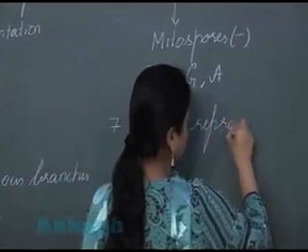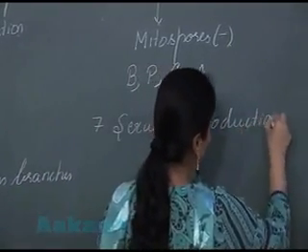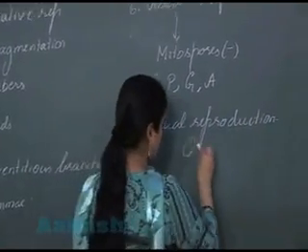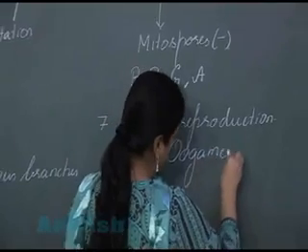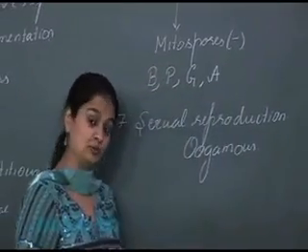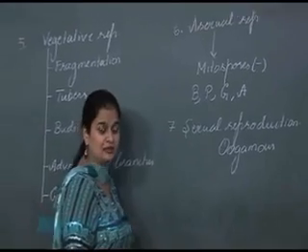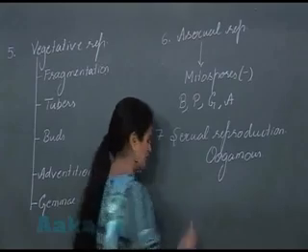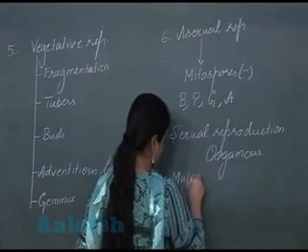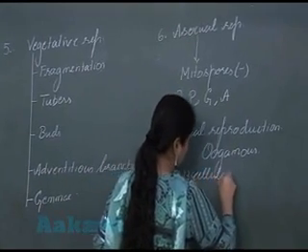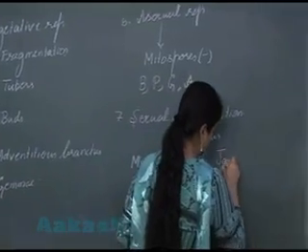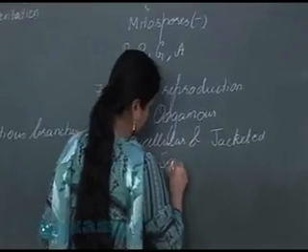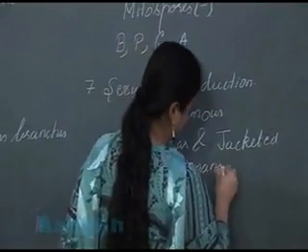Now coming to the sexual one. The sexual reproduction which is present is the most advanced type. So you know the most advanced type of the sexual reproduction, that is the oogamous one. Oogamous reproduction is present, and there is presence of multicellular and jacketed male as well as female sex organs.